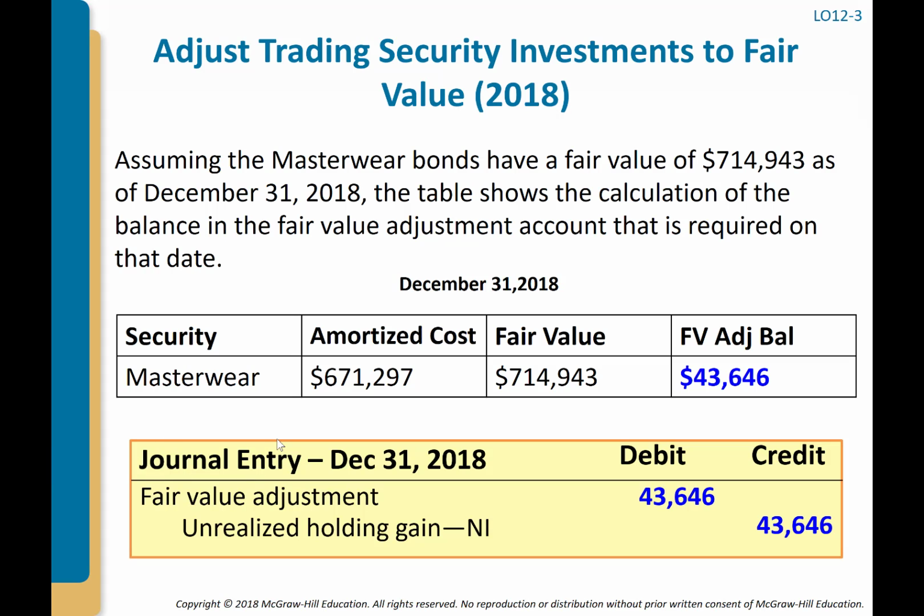But if we were preparing the balance sheet, we would have the original cost of the marketable security investment, and the investment would be showing the original cost of $700,000. And then we would have this fair value adjustment.